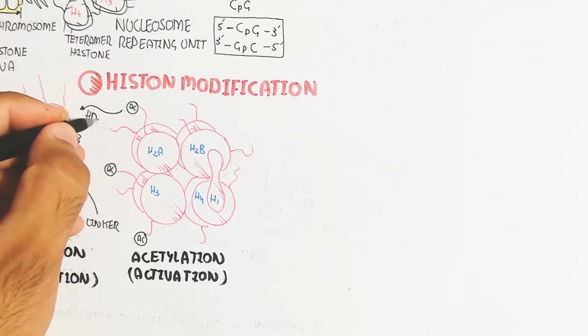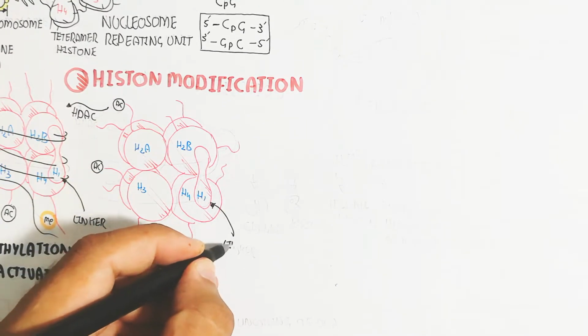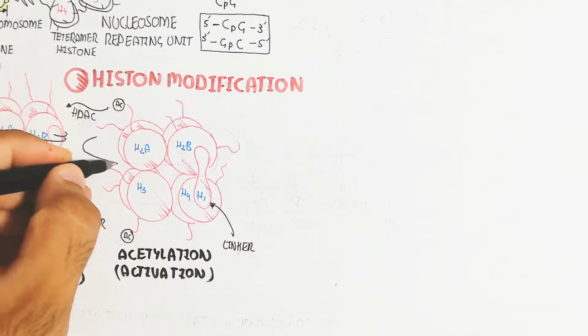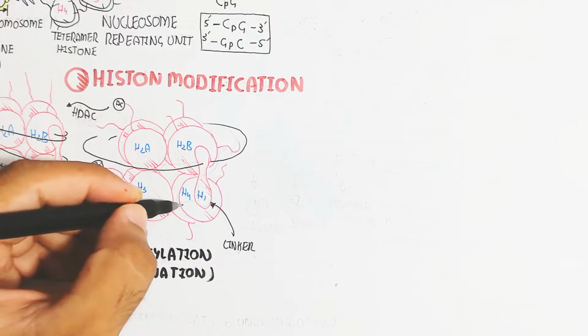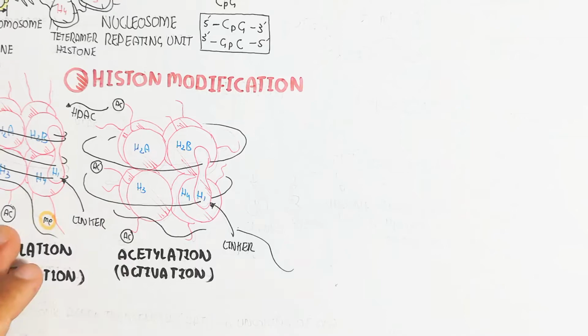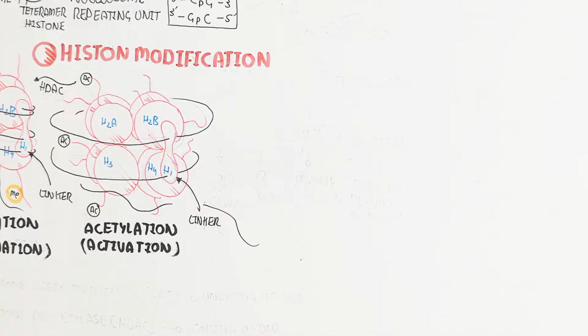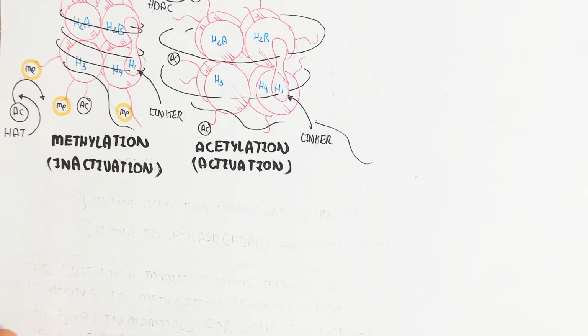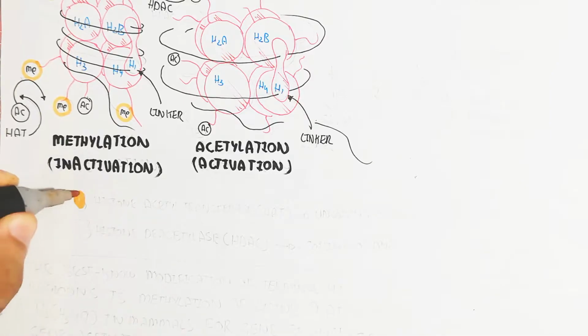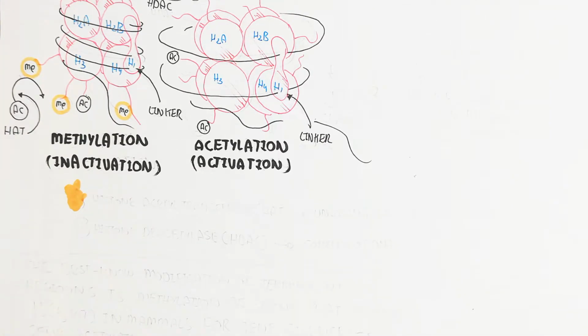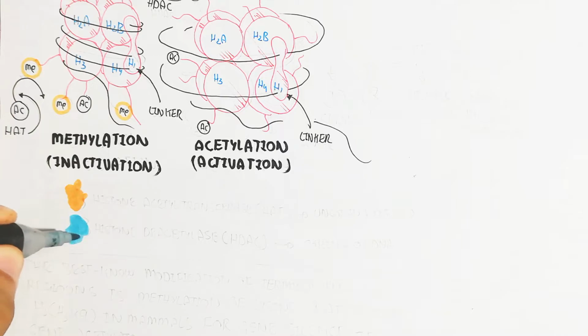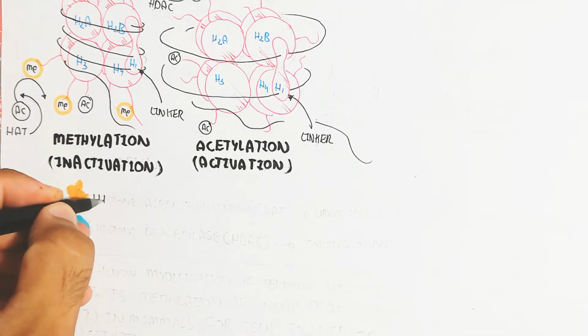HDAC is basically the deacetylase enzyme, which leads to removal of the acetyl group.